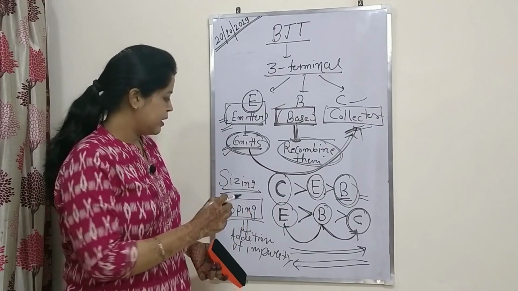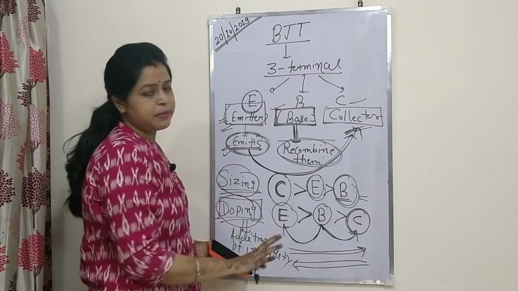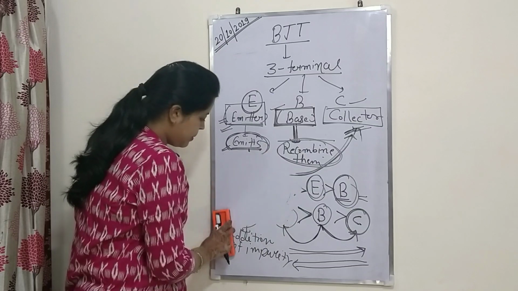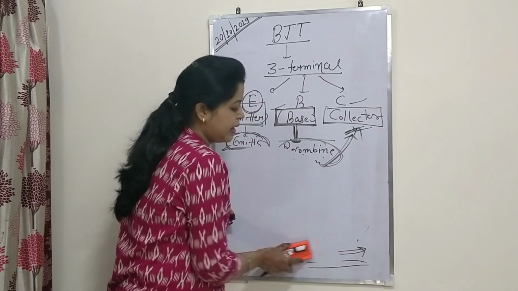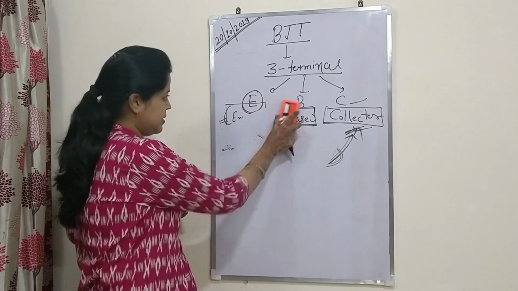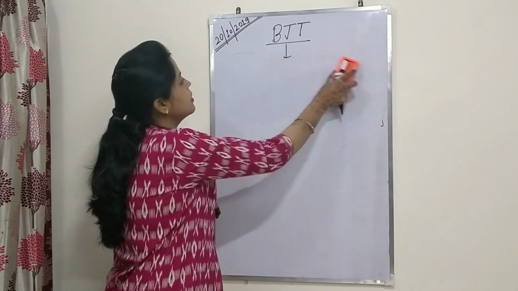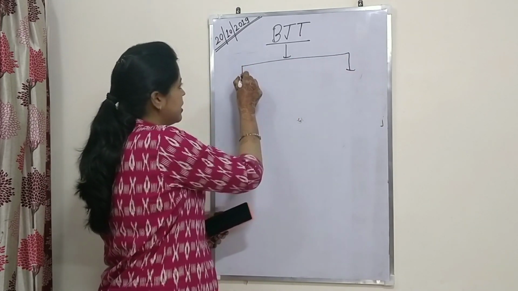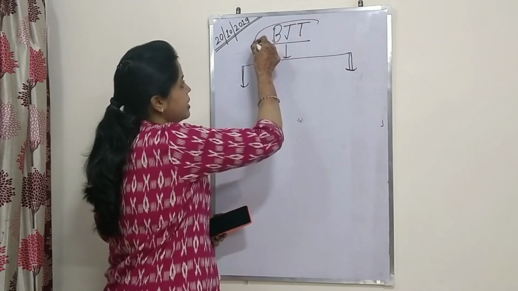So after the proper clarification of the sizing and doping of all the three terminals of the transistor, the next thing is, what about the power supply, or what is the mechanism to apply biasing to any transistor? Look, basically here two conditions or two categories are important for any BJT.